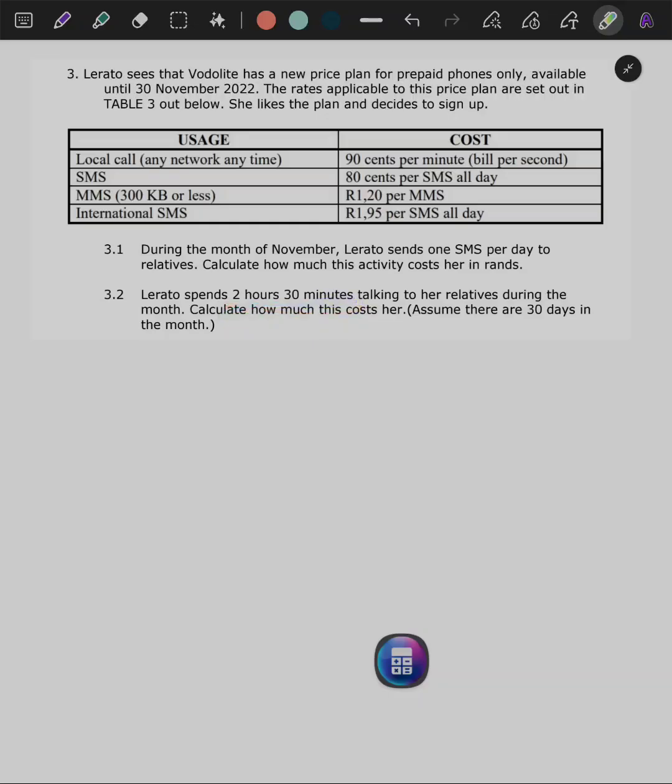So given that I know it's 90 cents per minute, so 0.90, I would need to times that by how many minutes of calls she's doing. Now, I don't have that. I've got 2 hours and 30 minutes.